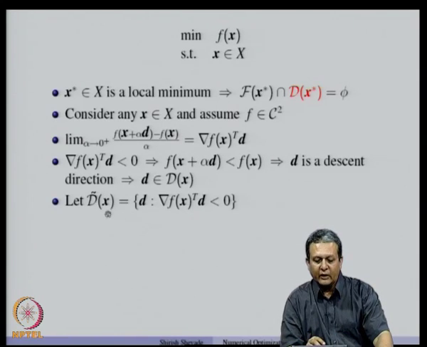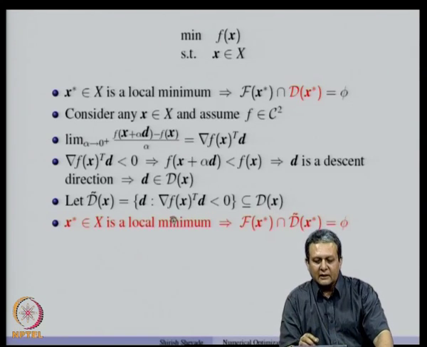So, clearly D tilde x is a subset of D x, and therefore, we can say that x star is a local minimum if F of x star intersection D tilde x star is a null set, or they have empty intersection.